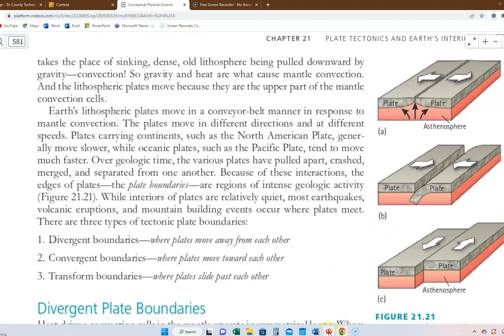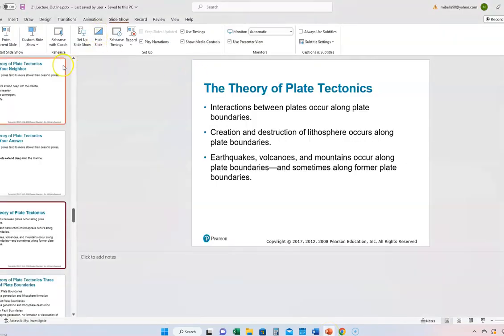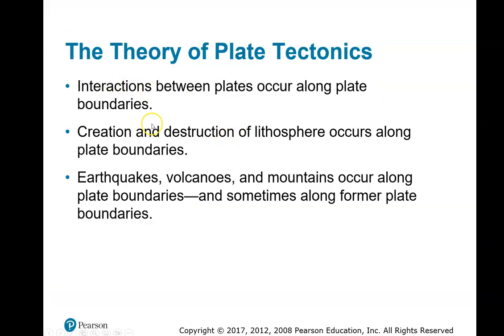All right, let's go back to our slides. Interactions between the plates occur at the boundaries, the types of boundaries that I just went over. The creation and destruction of the lithosphere can occur at these boundaries.